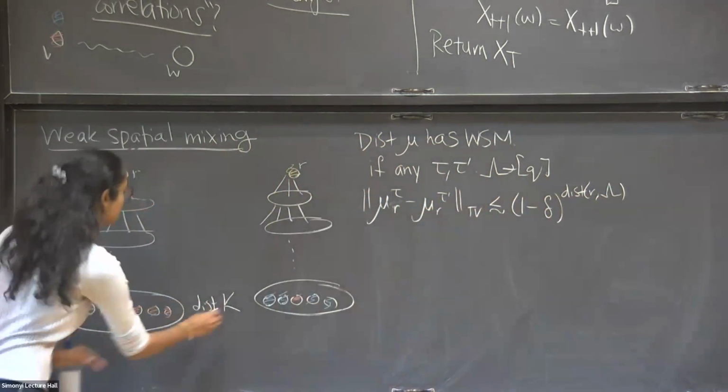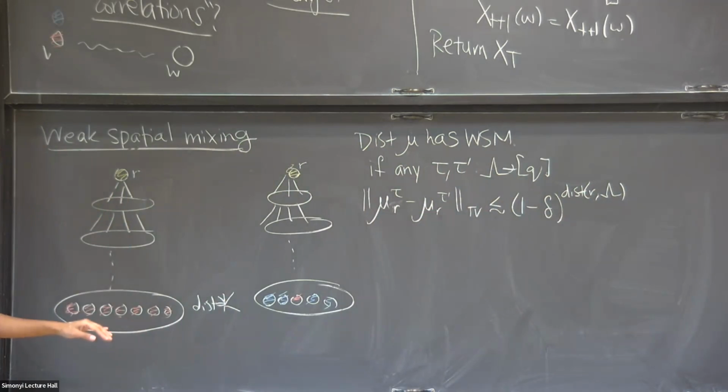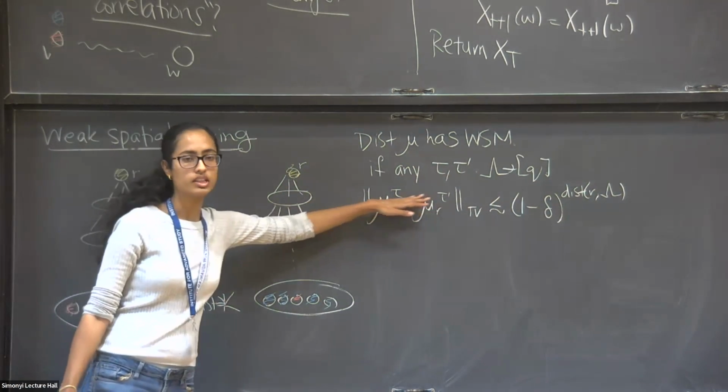So in fact, these could be distance all at least k. But it's just decaying exponentially in this kind of distance.